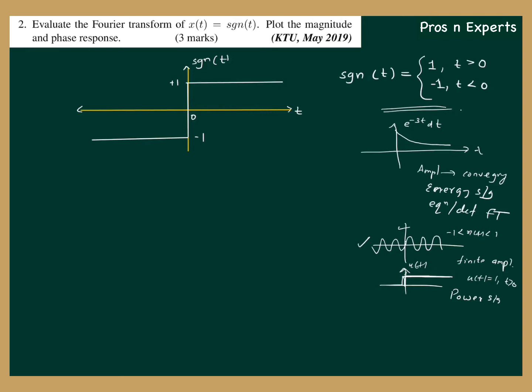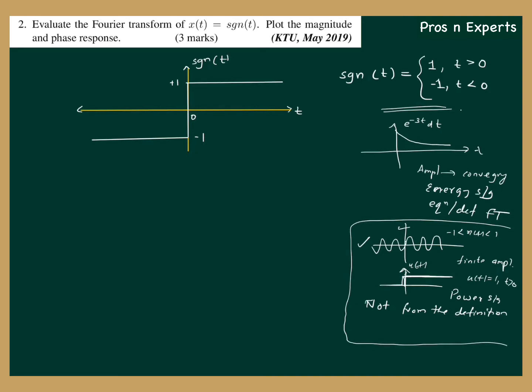So for this category of signals, the Fourier transform can never be evaluated from the definition. You cannot play around with the definition of the Fourier transform and end up with a valid result. That will be wrong.